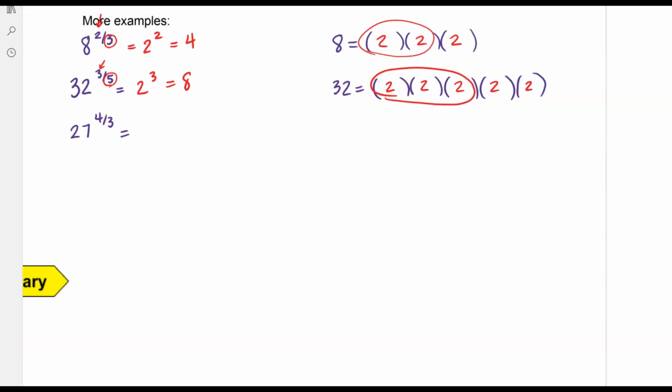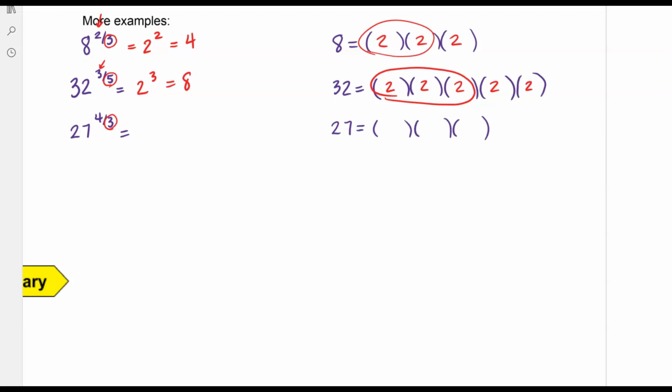This works even if our fractional exponent is improper. In other words, the numerator is larger than the denominator. So let's take our base of 27. We're raising 27 to the 4/3 power. So the bottom number tells me how many parts are in my whole. So I want 3 factors, same number, multiplied 3 times, and I get 27.